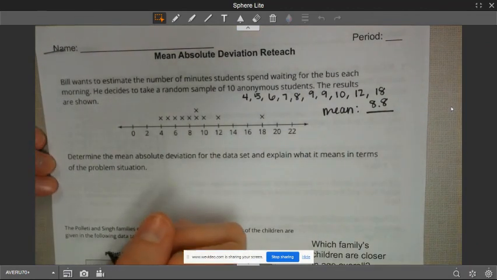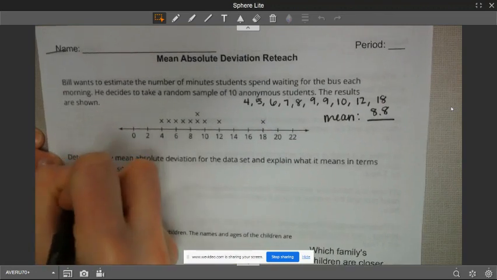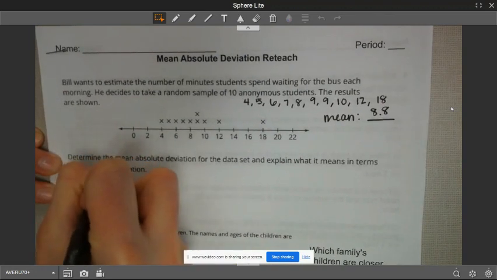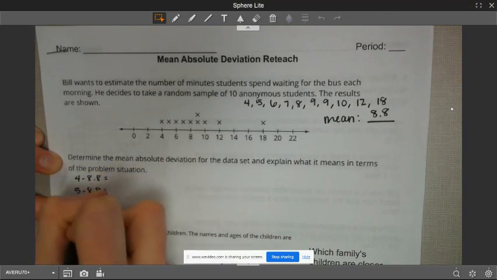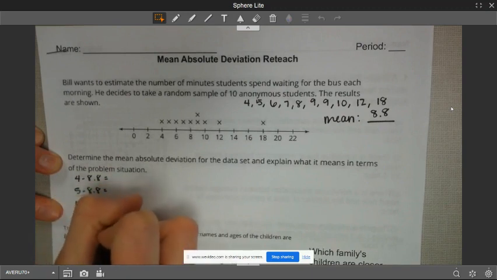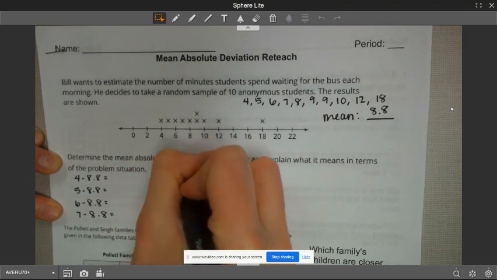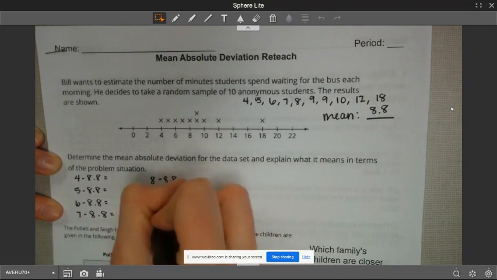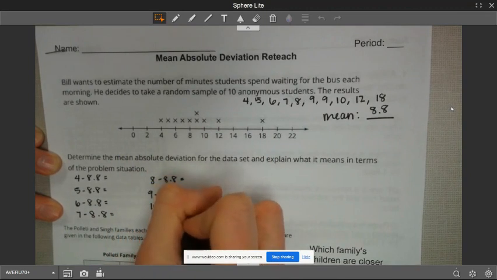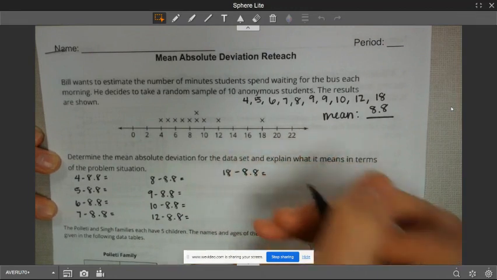All right, the next step in finding mean absolute deviation is to subtract the mean from all of the data points. So we have 4 minus 8.8, 5 minus 8.8, 6 minus 8.8, 7 minus 8.8, 8 minus 8.8, 9 minus 8.8, 10 minus 8.8, 12 minus 8.8, then we have 18 minus 8.8.